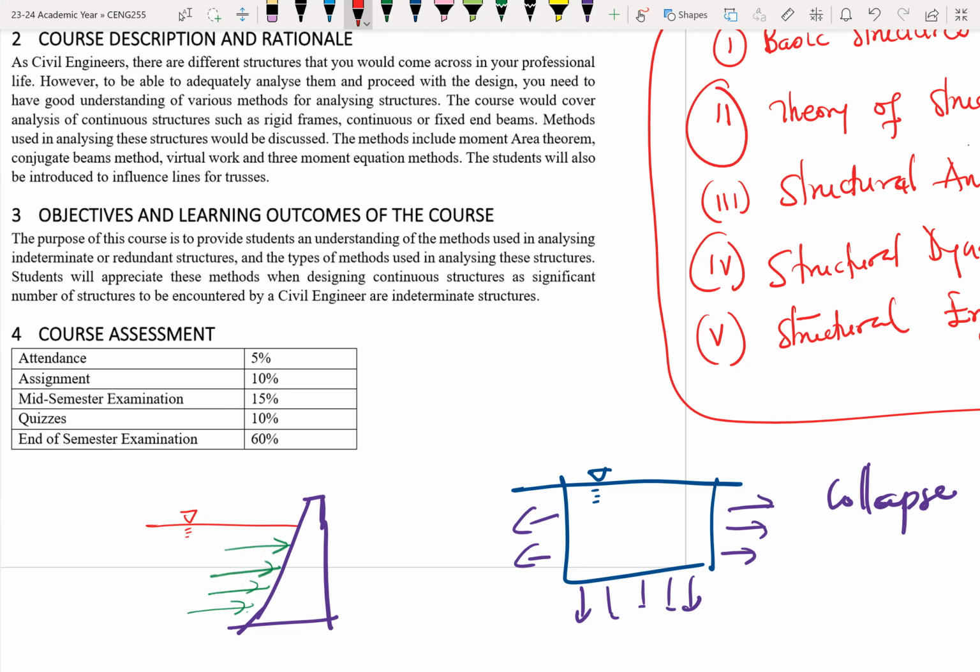Which means that once the water exceeds that height, the structure will not be able to hold or support that water, right? Or let's say the force of the water will exceed the strength of the structure, in this case the dam, and that can cause the dam to collapse.